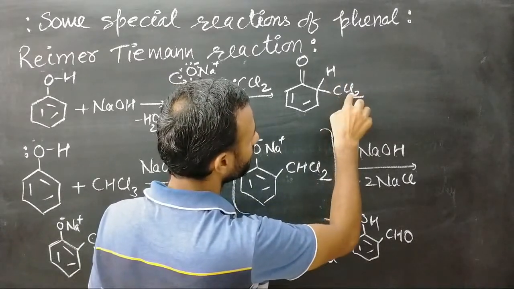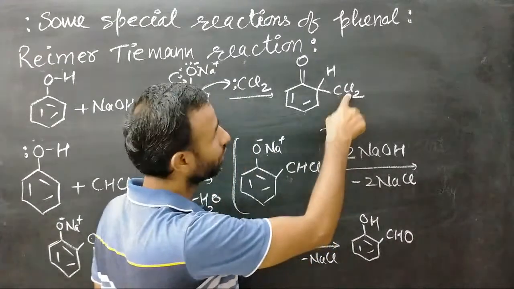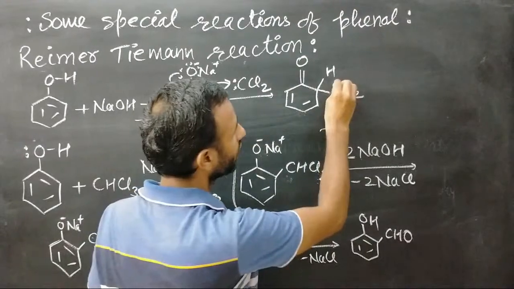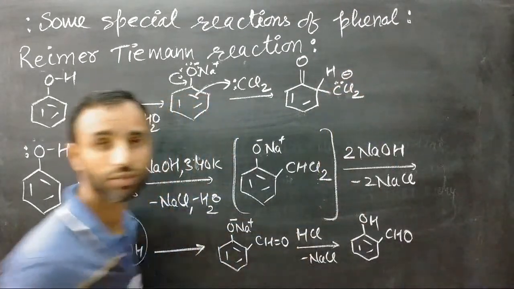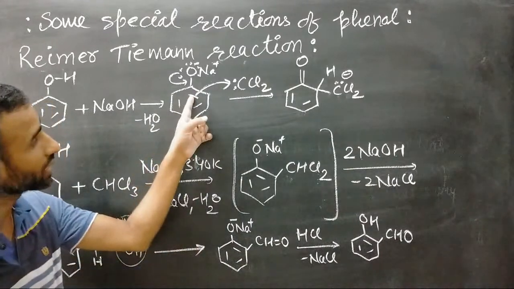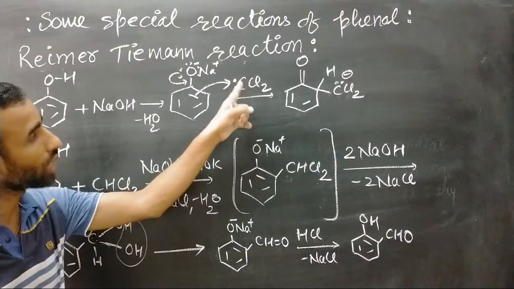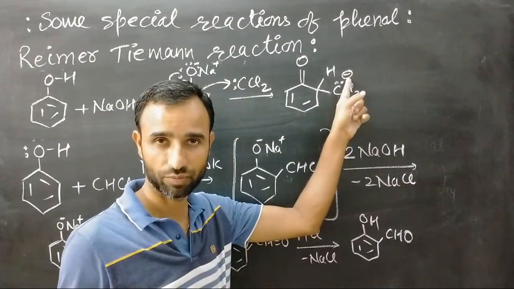See, because two electrons are involved here, one electron of carbon is involved here, and it has one more electron, so it becomes like this. Because this pi electron transferred to carbon, so carbon gains the electron, so this carbon gets negative charge.